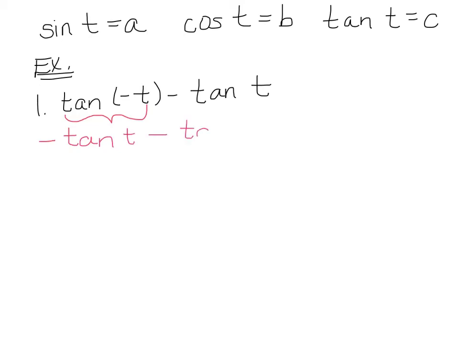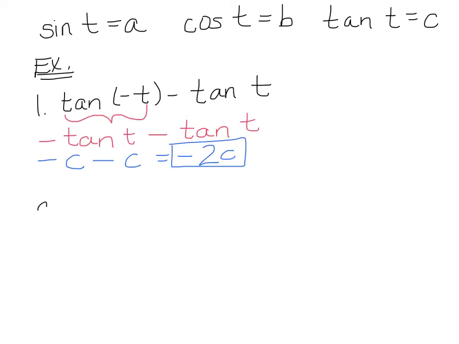Minus tangent of a positive angle, we know it's still positive. Well, we see that tangent of t is c, but I have a negative in front of it, so that's negative c minus c gives us negative 2c. So we're writing the expressions in terms of A, B, and C.